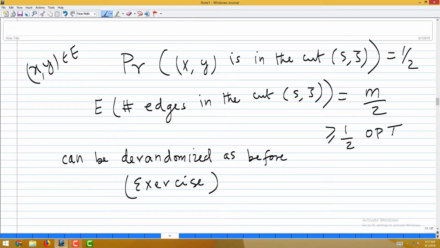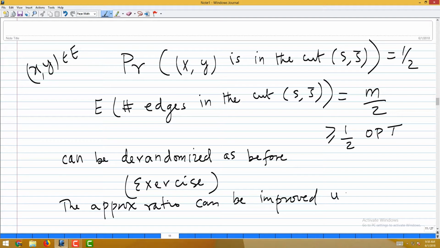Okay, so here are a couple of maximization problems, max SAT, max cut. Again, here also the ratio can be improved using linear programming techniques.